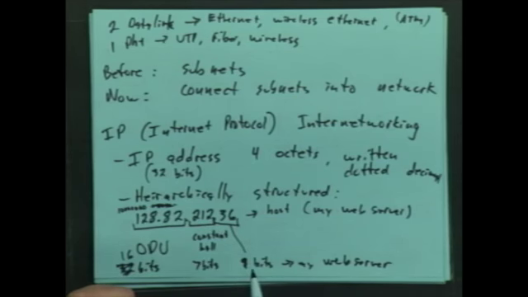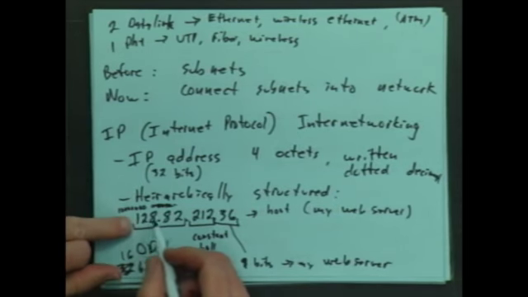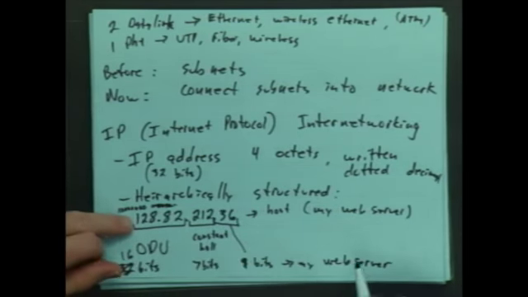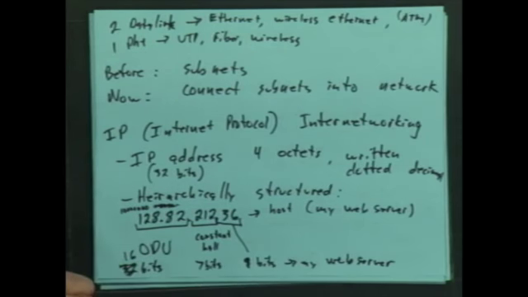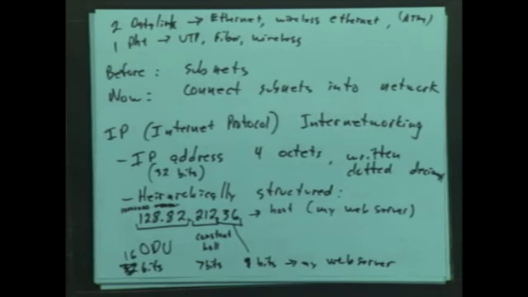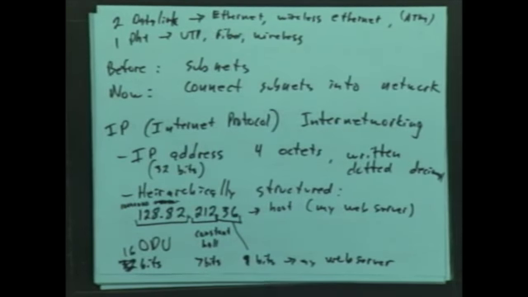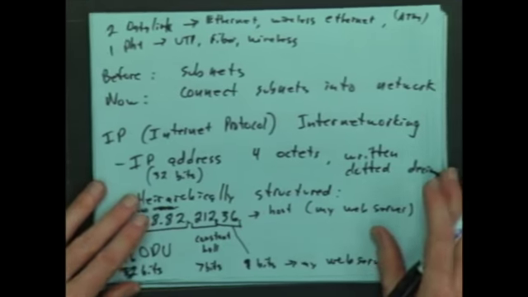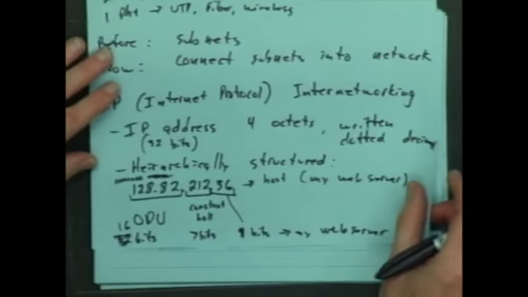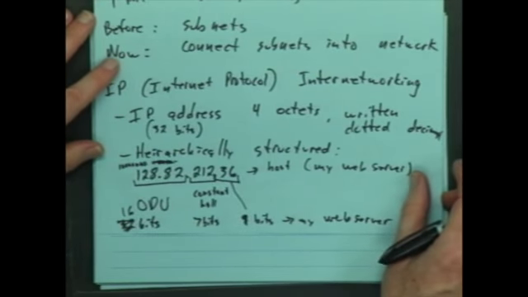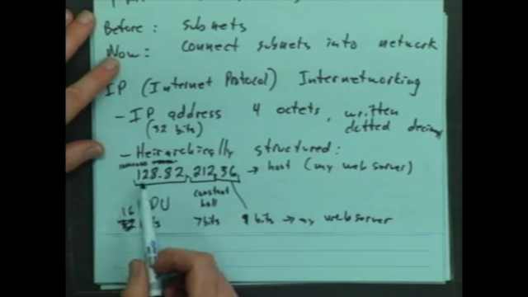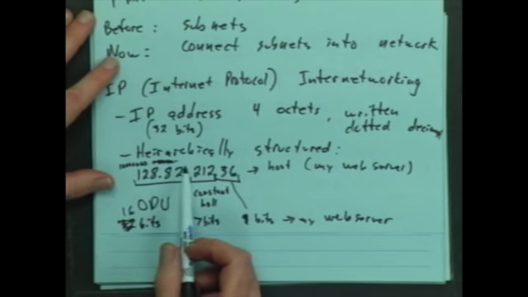So it's hierarchically structured. And again, each of these dots is 8 bits in between it. I'll talk a little bit about why ODU is 7 and 9 later, but notice it adds up. 16 plus 7 plus 9, that's 32 bits total. Okay, everybody has 32 bits. So the first 16 bits, that's always the location? Yes, this is sort of ODU's zip code on the internet.